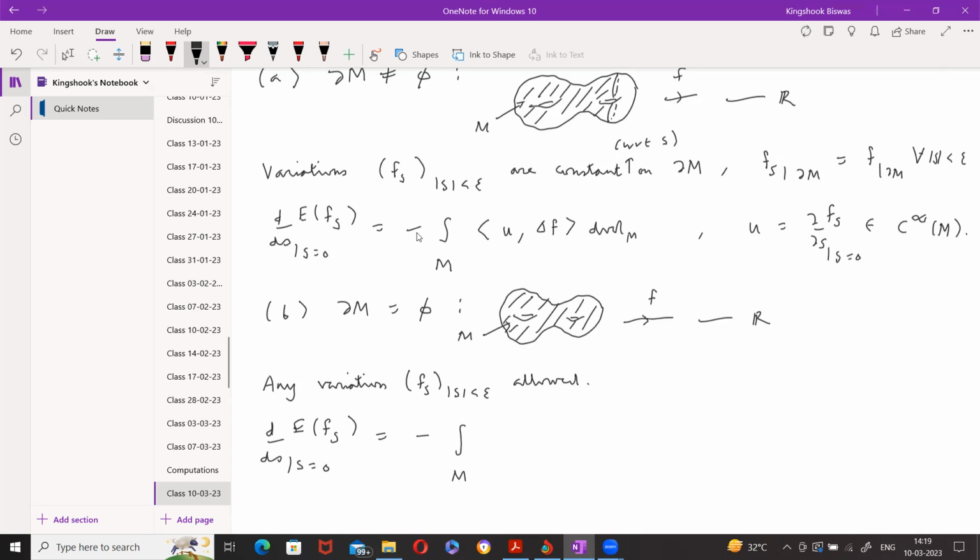In this last case where the boundary is empty, the boundary term vanishes because there is no boundary. You apply the divergence theorem to a manifold without boundary, the integral of a divergence is 0. Is that clear?